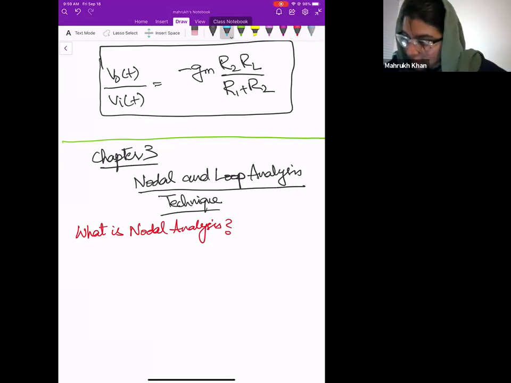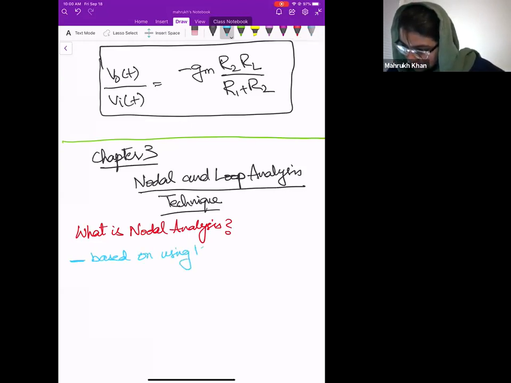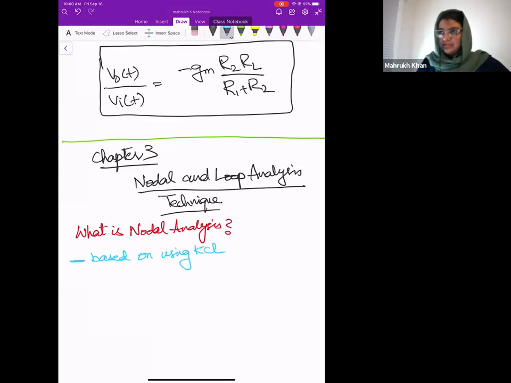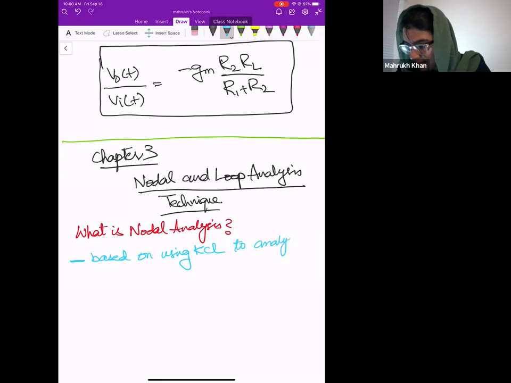Nodal analysis is based on using KCL. As its name suggests, it's related to nodes, so it is based on using KCL to analyze nodes systematically.